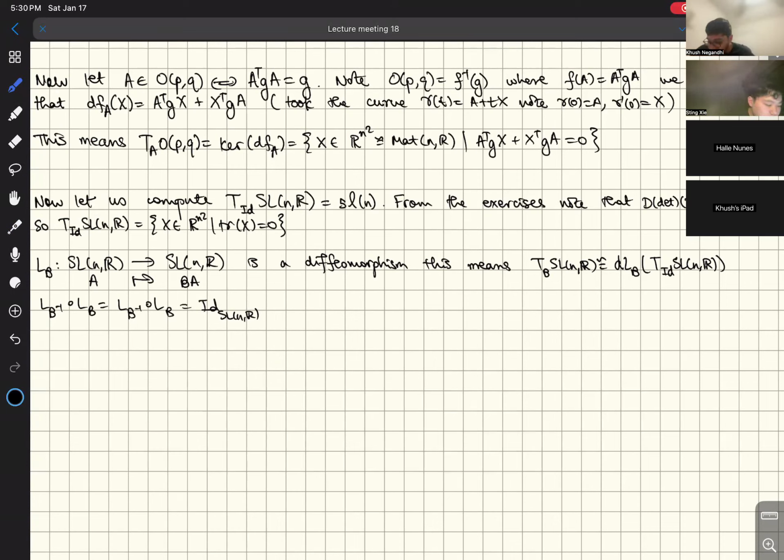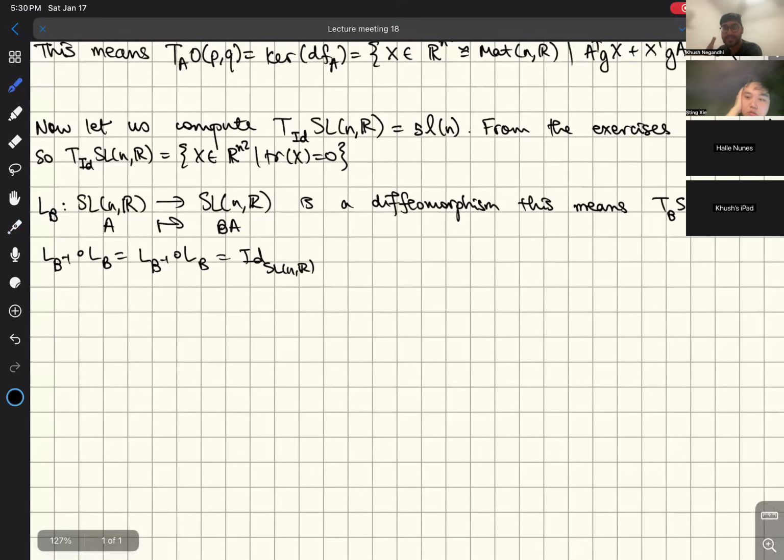But for matrix groups you can do better. This is because we know how to actually differentiate matrix valued functions.